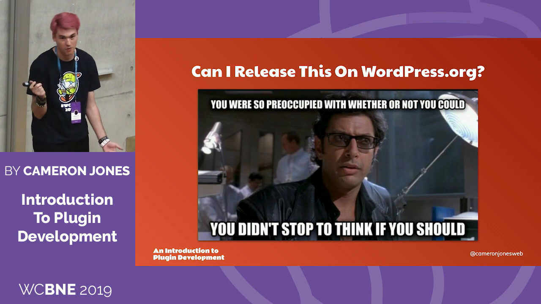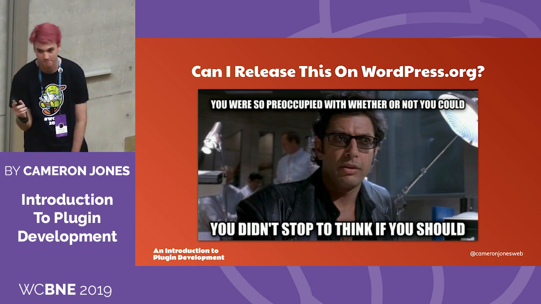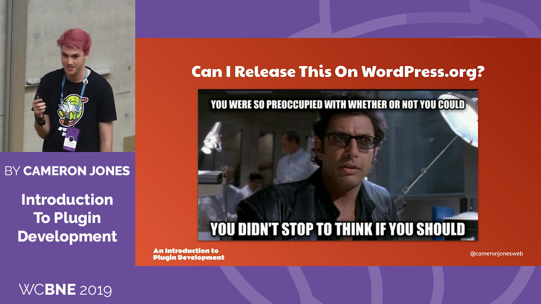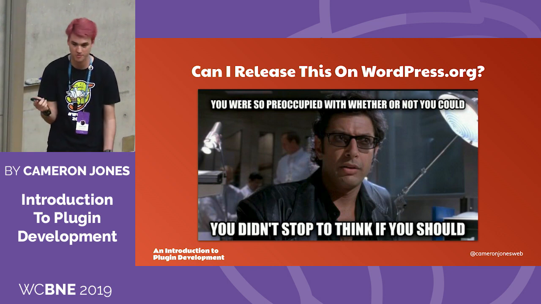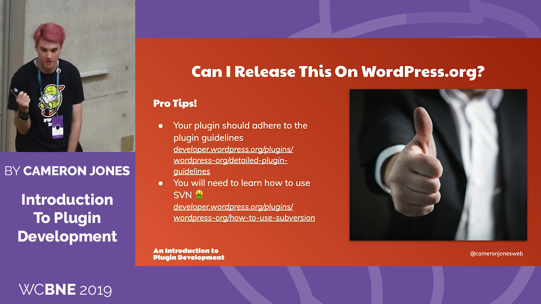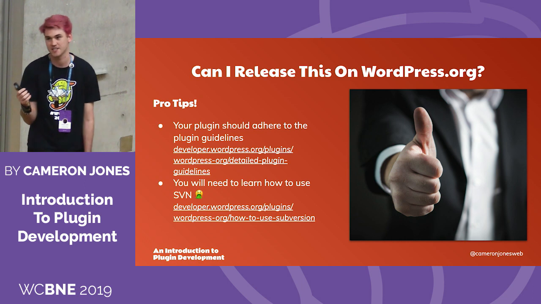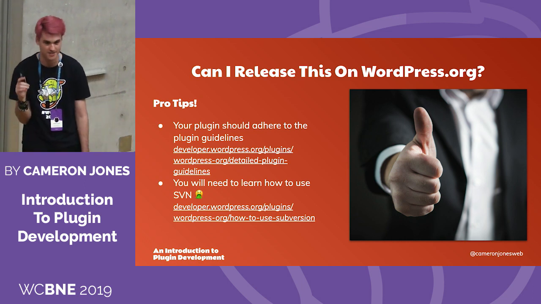And I'm sure some of you are wondering, can you release it on WordPress.org? You could, but you probably shouldn't, because there are a lot more things that you should keep in mind if you want to distribute something on WordPress.org. A couple of tips: your plugin should adhere to the plugin guidelines, which can pretty much be summed up as don't do bad things, don't spam people, don't break people's sites, that sort of thing.